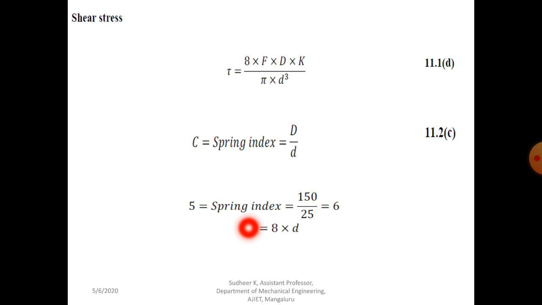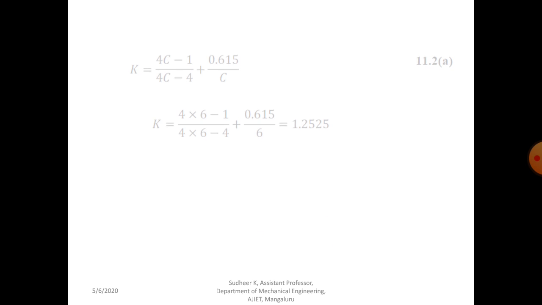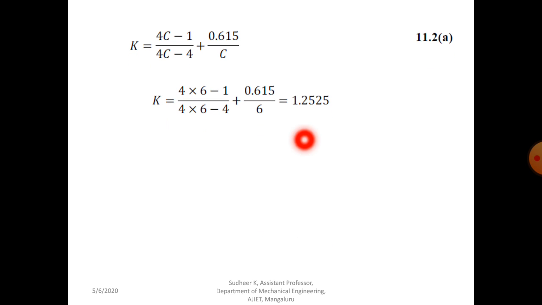Capital D is nothing but 8 into d. Now we can substitute the K value, because once C becomes 6, you will get K as 1.2525, from equation number 11.2a.